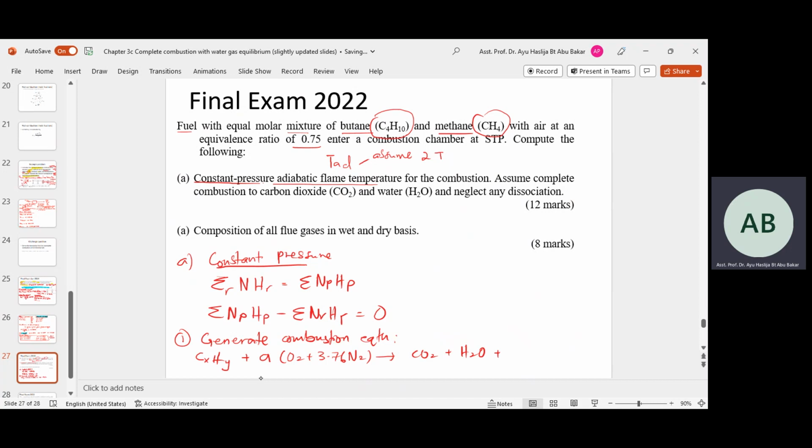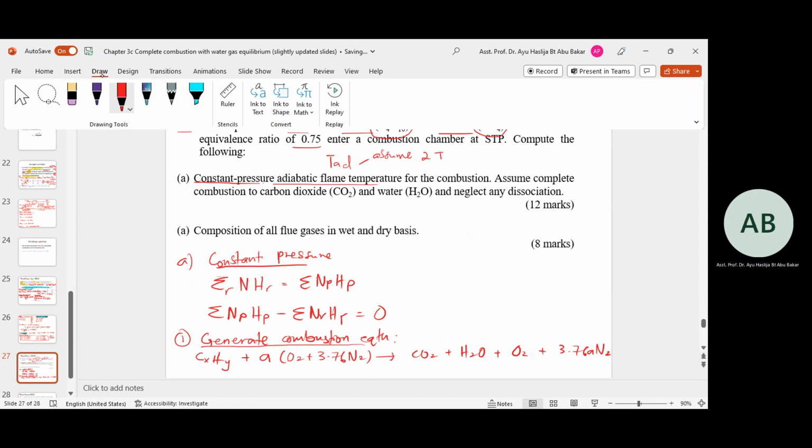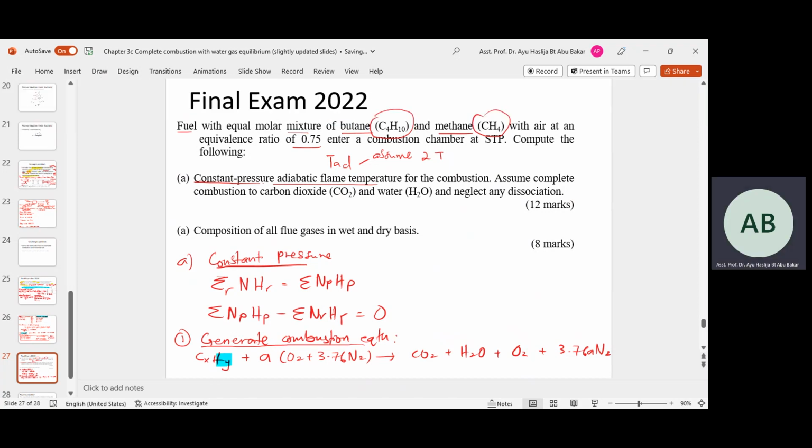Equivalence ratio 0.75. Is it a lean or rich fuel? Lean, excess air. Okay, so you have excess air, so you have oxygen in your product. Find out the chemical formula of the mixture.